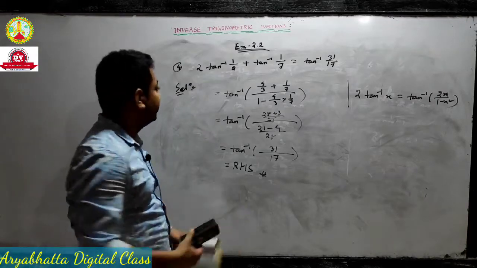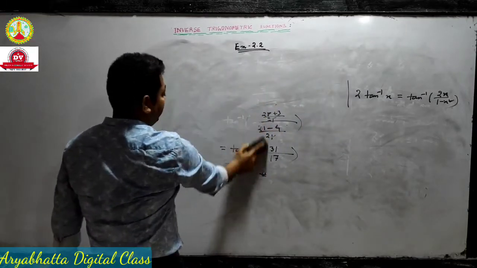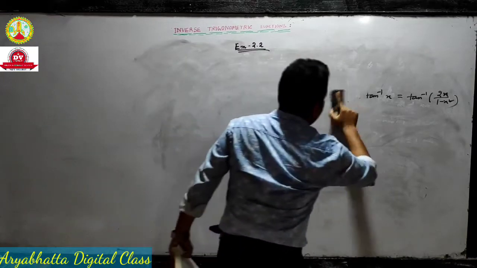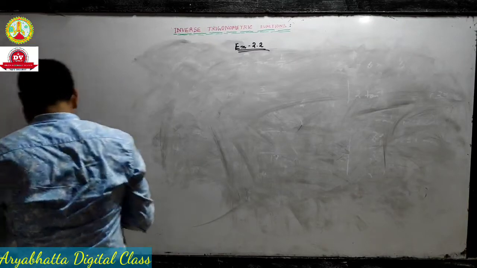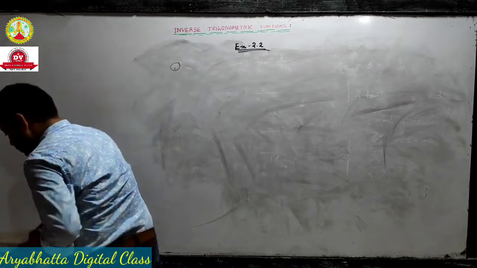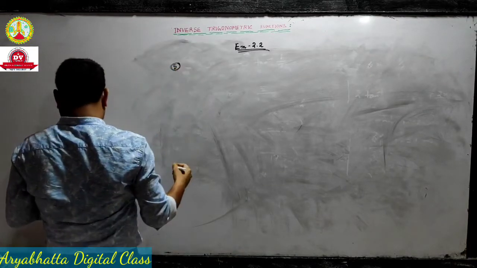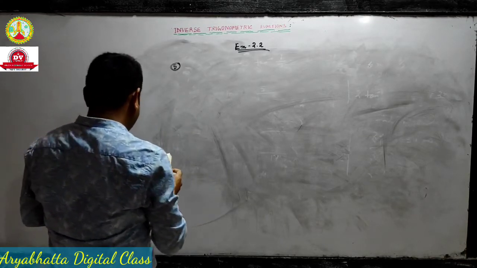Question number 5. Remember, these questions are very important for the board exam. Question number 5: write the following functions in the simplest form.